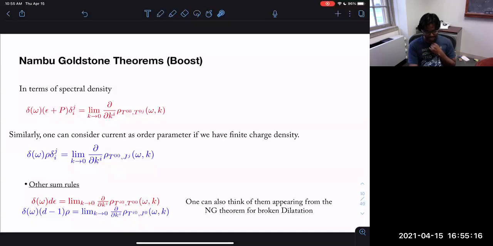Also, if you take this equation, you can relate it to this equation, the blue one is related to the blue one, if you use the conservation law and the contraction of indices. All I'm trying to say is that these are not really new constraints. So if you can show that these constraints are satisfied in a CFT, you will immediately show that these are also satisfied. But still, you can write down these equations.